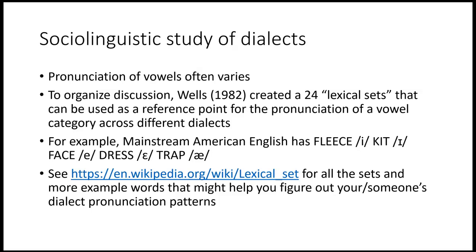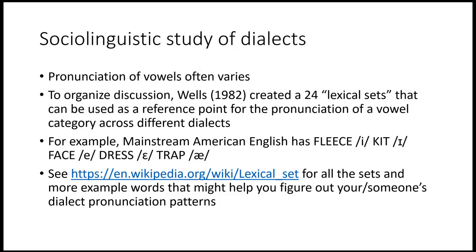And as we go to other dialects of English in the US, or especially as we go to English spoken in other countries like British English or Australian English or New Zealand English, we would find differences in the vowels that are used in those words, but we can still refer to the fleece words, the kit words, the face words, the dress words, the trap words as a way to talk about that regardless of what the vowel is that's used in those words.